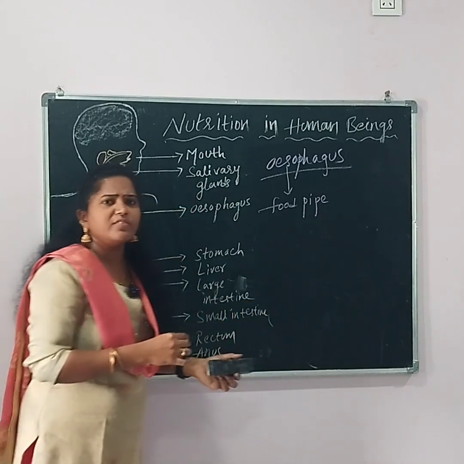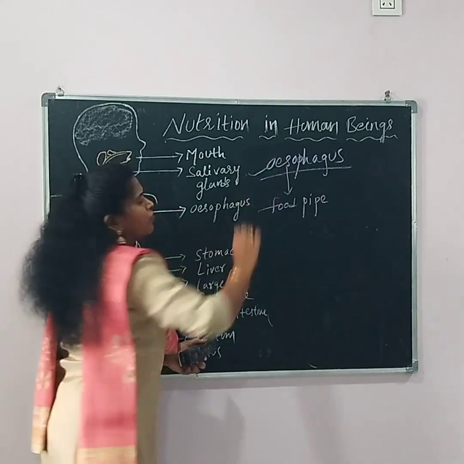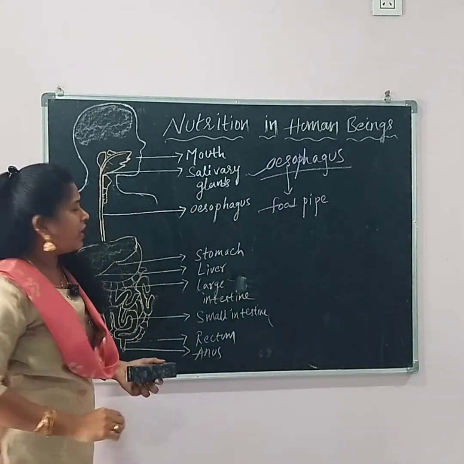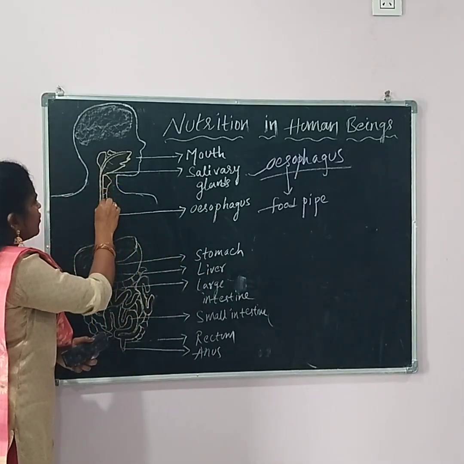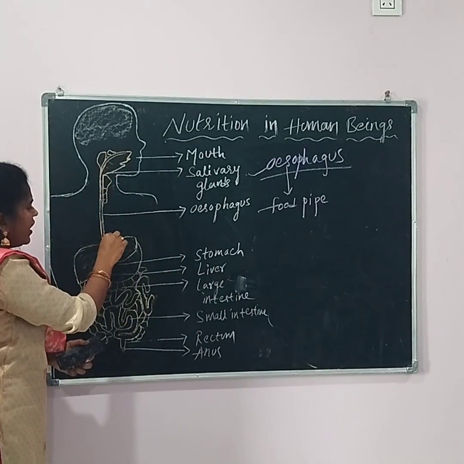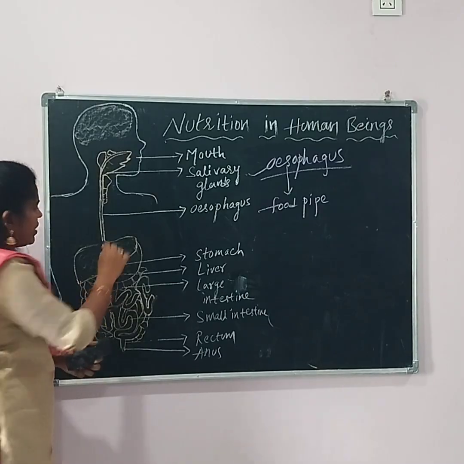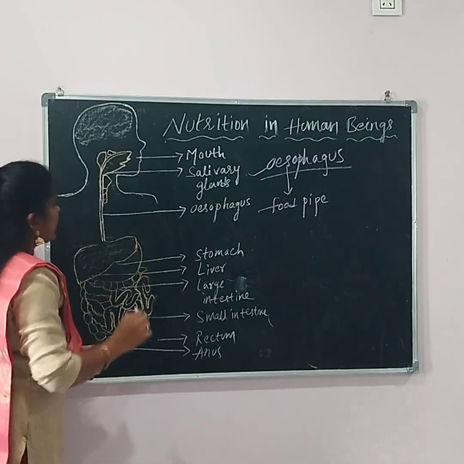Now, where is the bolus? At the part of the esophagus. And that bolus passes through the esophagus into the next part, that is the stomach. Backside we can't see here, stomach.